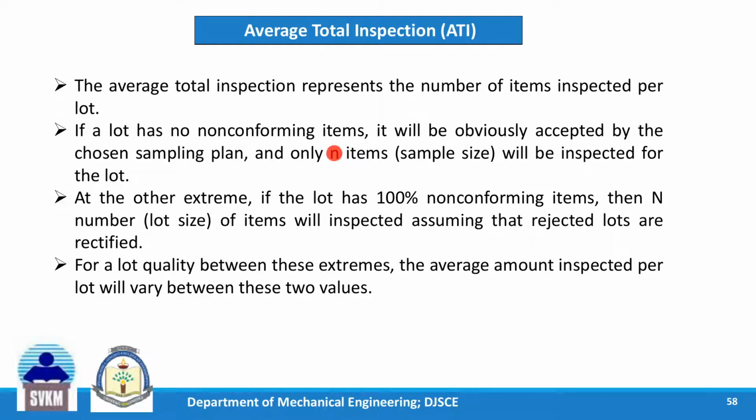when the lot is accepted based on this first sample only. As the other extreme, if the lot has 100% non-conforming items, then n, the number, or lot size of items will be inspected, assuming that rejected lots are rectified. Now you take this case.